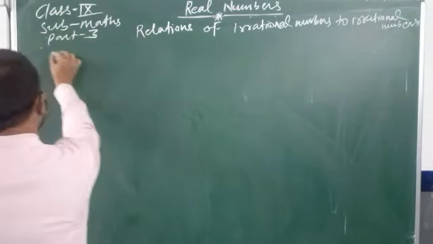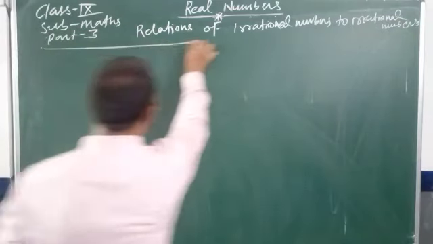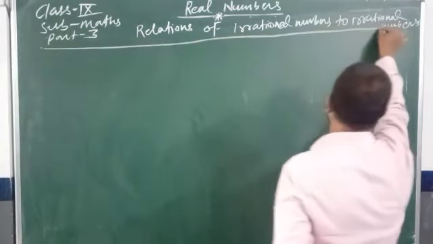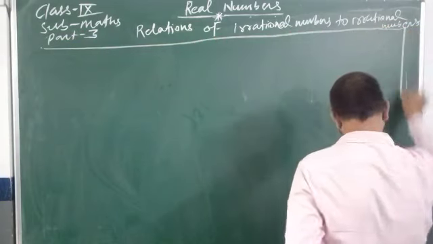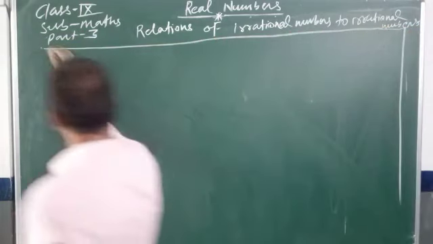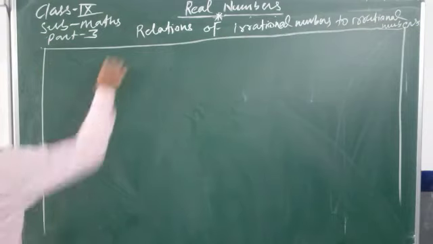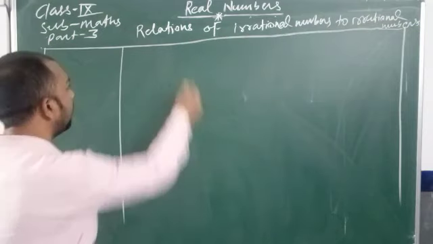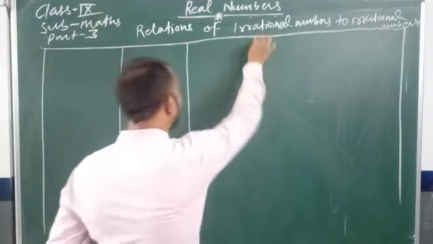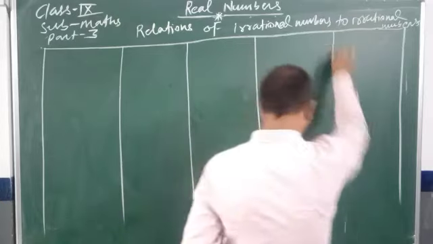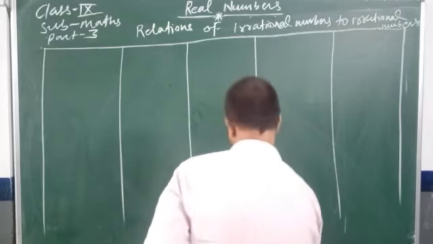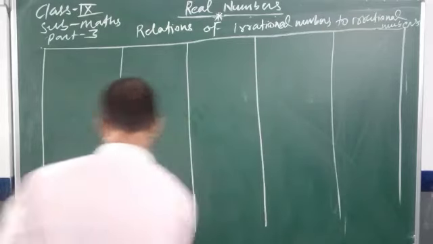Now we draw a table that will be used to define the above topic. We will divide the table in 5 parts to define the relation.